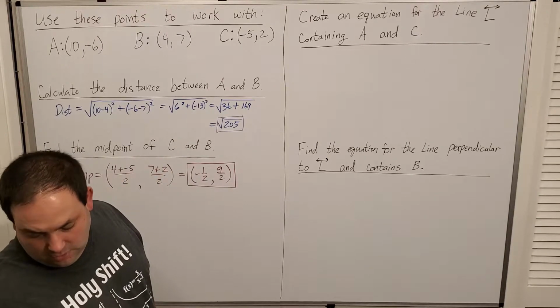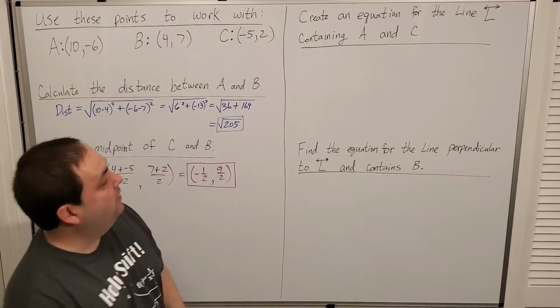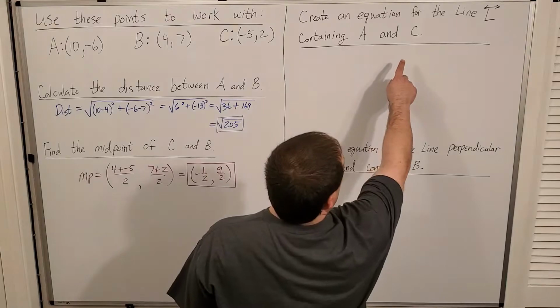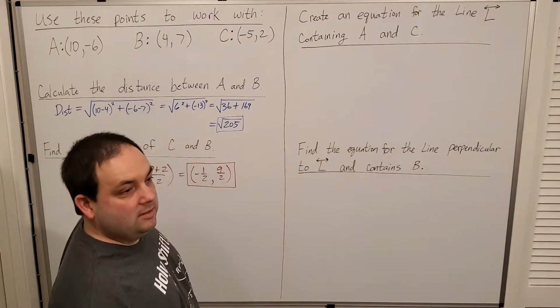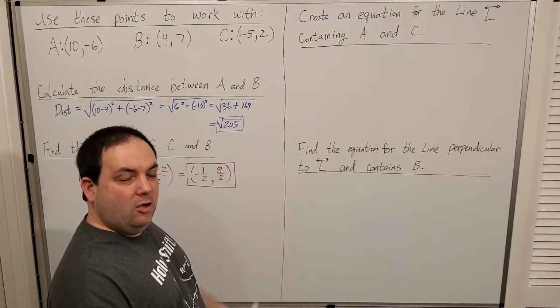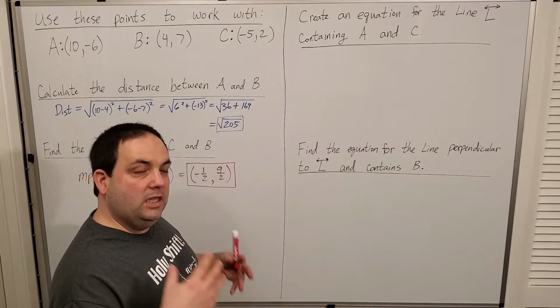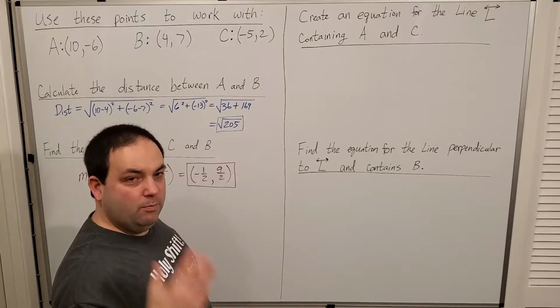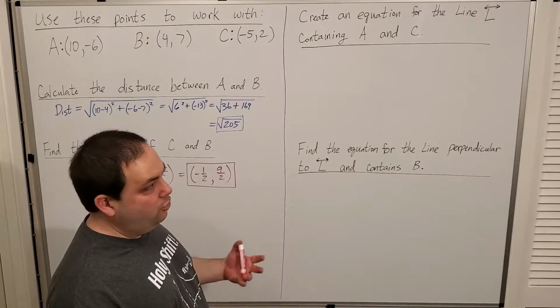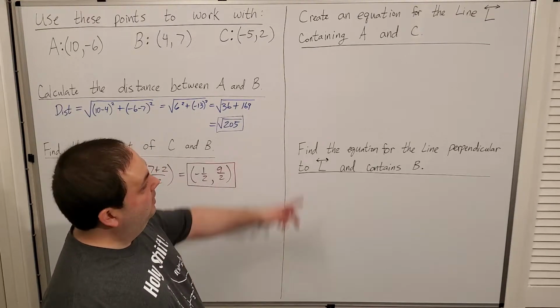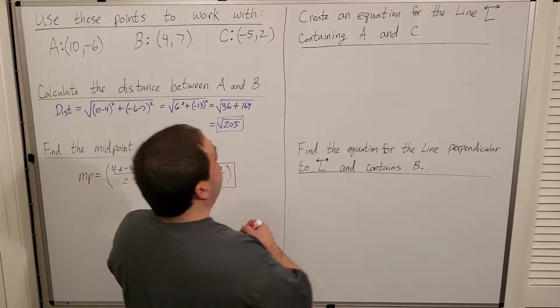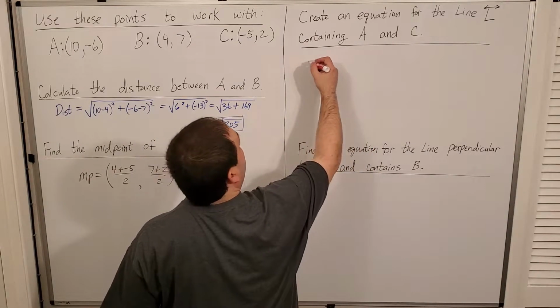Alrighty, so I'm going to create the equation of a line using 2 points. Well, if I've got 2 points, that automatically right there can give me the slope of my line. And remember, when it comes to creating line equations, the most important piece of information that you can use with a line is the slope. So point A and point C, I'm going to compute their slope.